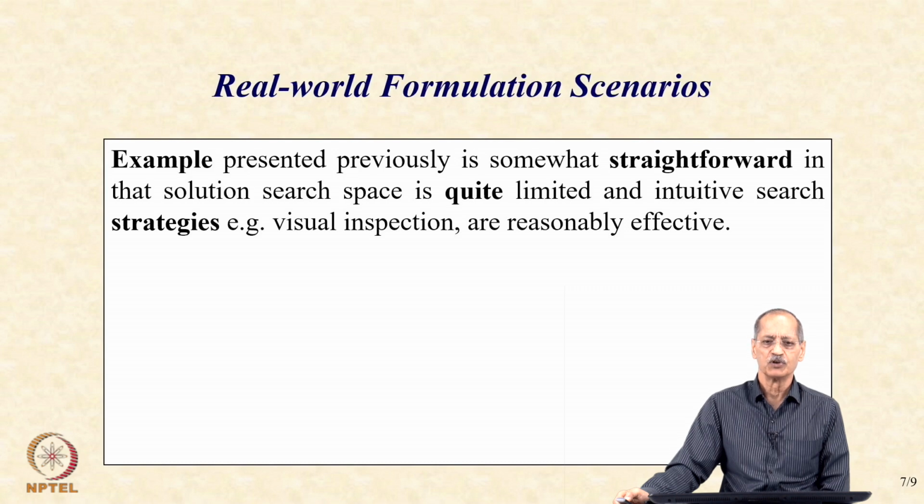For example, visual inspection is typically the best strategy that you use in order to arrive at the solution. You keep looking at where things are, and based on that you come up with the next move. So, your percept is in the form of visual input, that you see what is the state and then based on that you take an action.